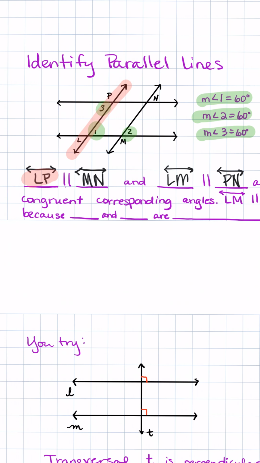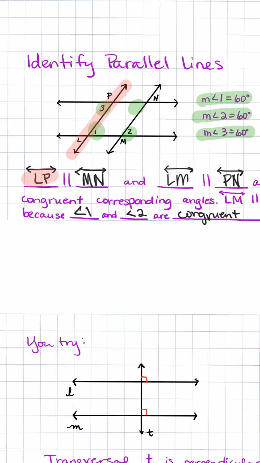Therefore, line LM is parallel to PN because angle 1 and angle 2 are congruent. So we know that angle 1 and angle 2 are congruent. That means they are the same. We can also see if 3 is 60 degrees, this one right here is not marked, but guess what? It's going to be 60 degrees too.